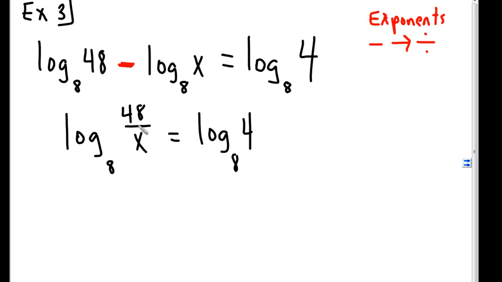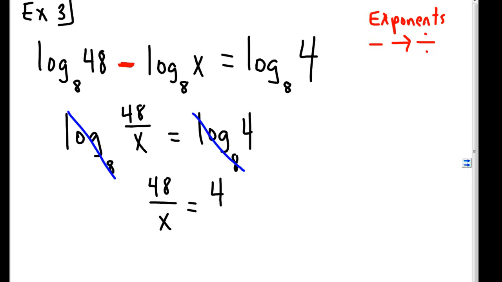Remember, the first term goes on top. The second term will go on bottom. Now the log base 8 are the same in both problems. I just need 48 divided by x is equal to 4.